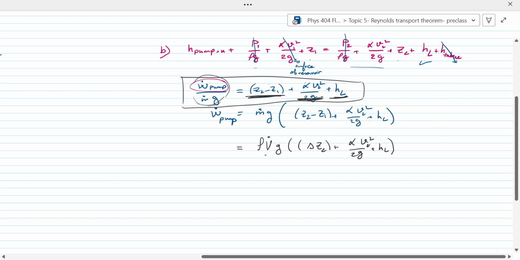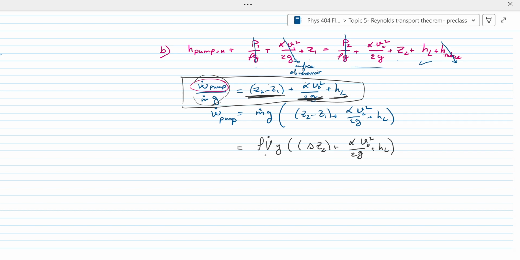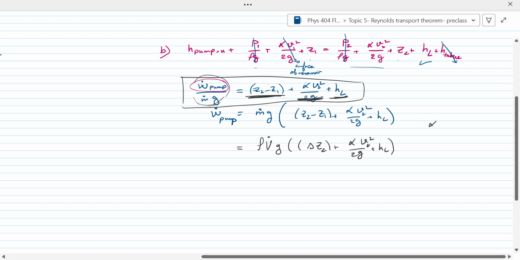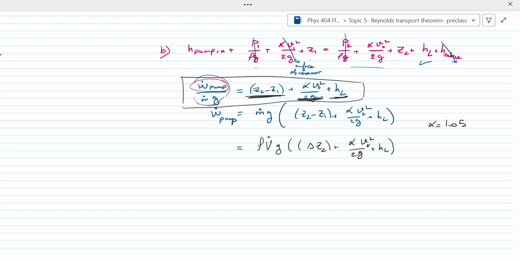You can see that V dot is the volume flow rate which I calculated in part A. Rho is the density of water. G is gravity. I have delta Z2. Alpha is usually given to you according to the liquid we have. So here alpha is equal to 1.05. This should be given to you usually.